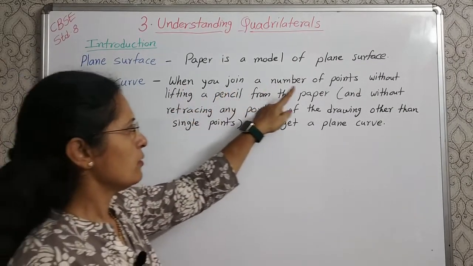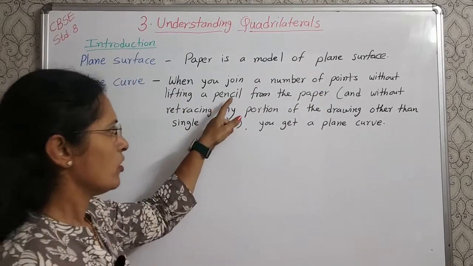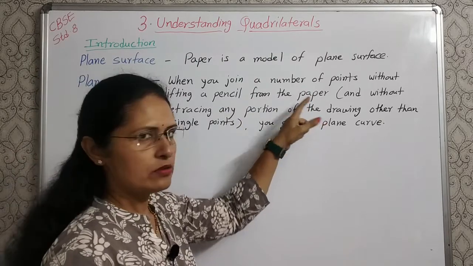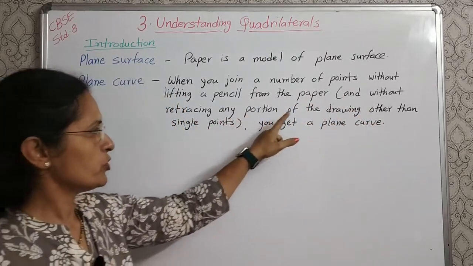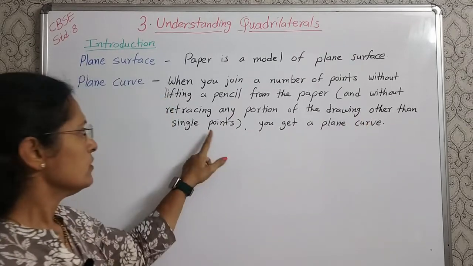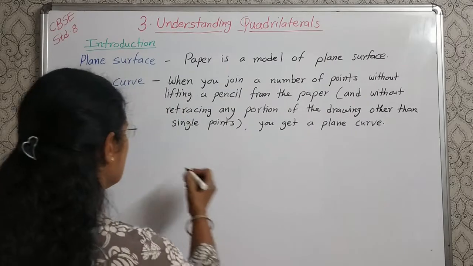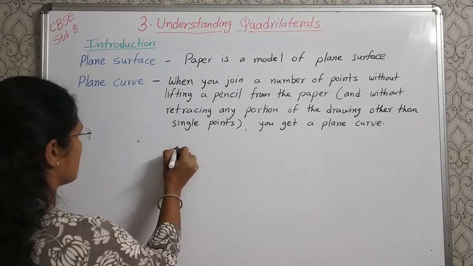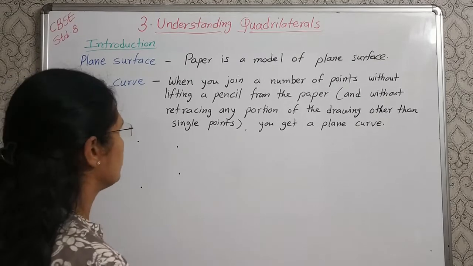When you join a number of points without lifting a pencil or pen from the paper or this board and without retracing any portion of the drawing other than single points, you get a plane curve. See, if I get some points on this board, so these are the points.